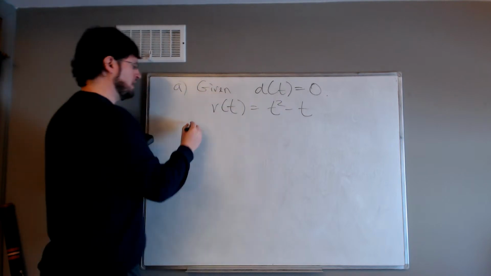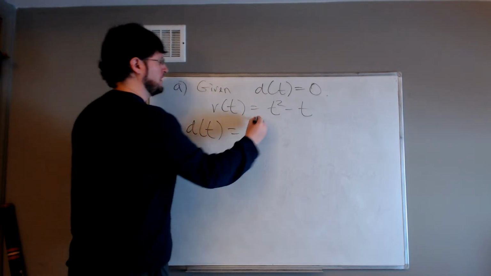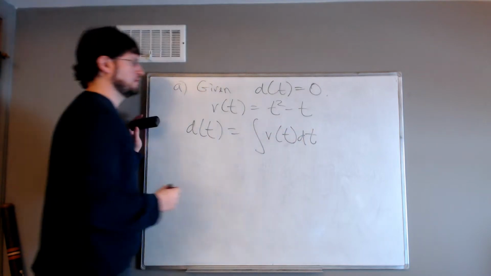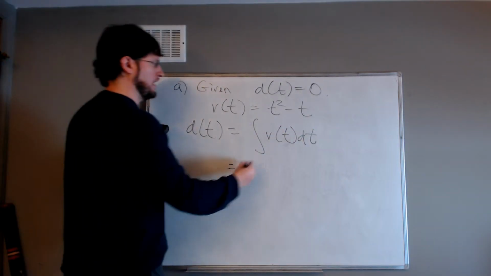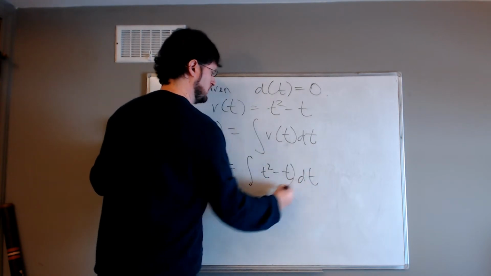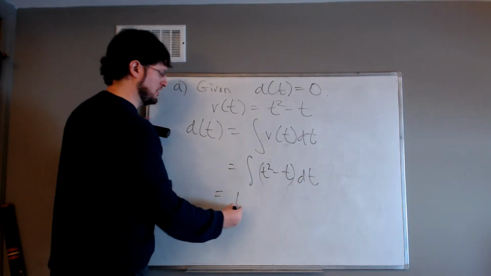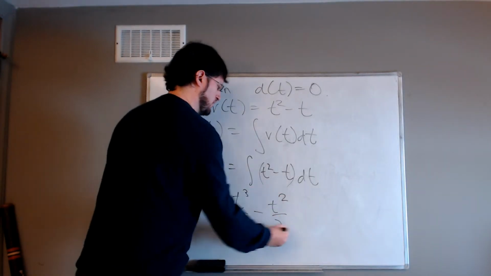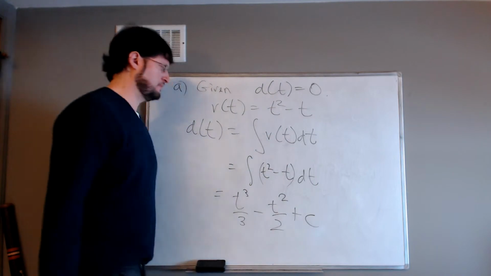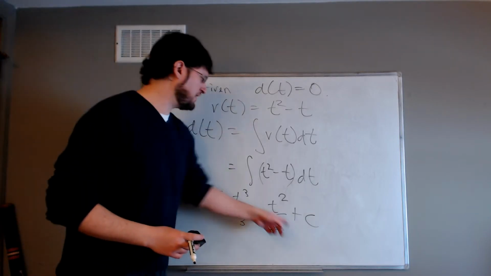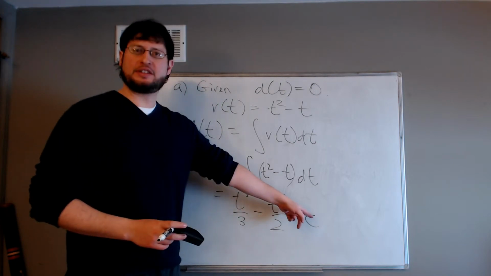So its displacement at time t is the antiderivative of the velocity, which is the antiderivative of t squared minus t, which is t cubed over 3 minus t squared over 2 plus c. Now, how are we going to figure out what this constant is?